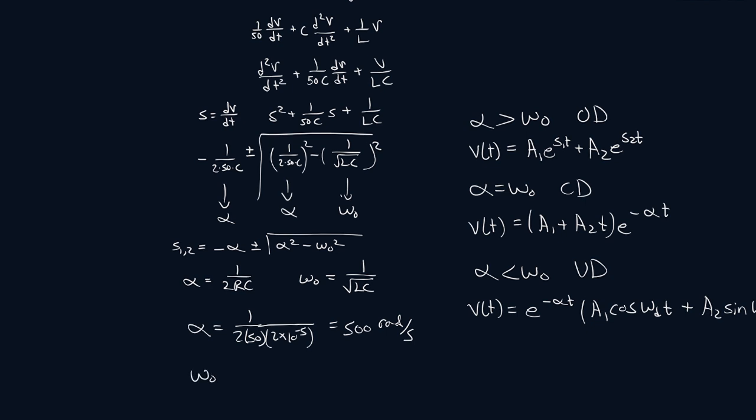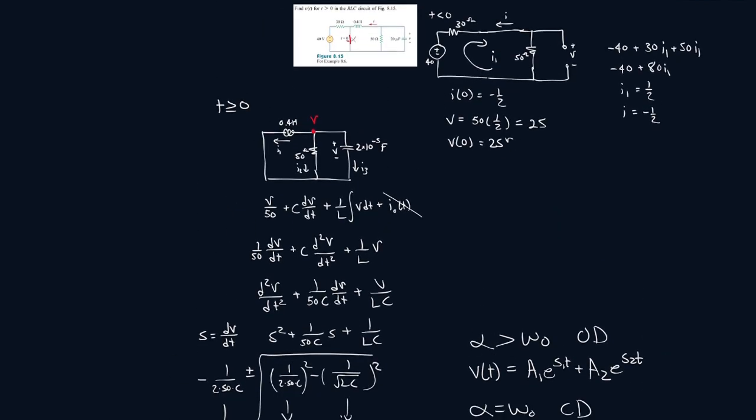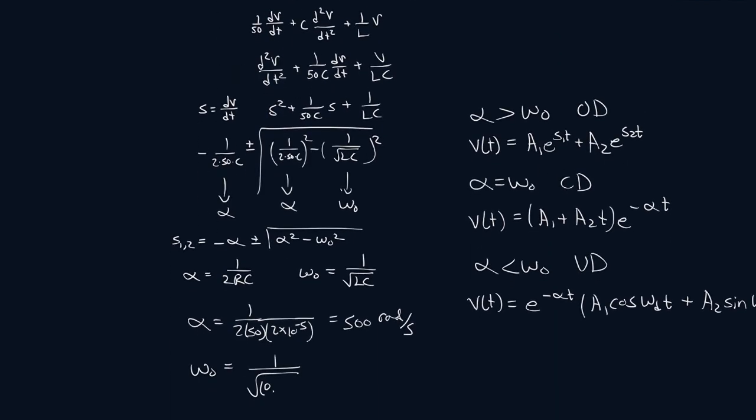And now omega, that's 1 over the square root of the inductance, which is 0.4, times capacitance, which is 2 times 10 to the minus 5, and that's equal to 353.55 radians per second.